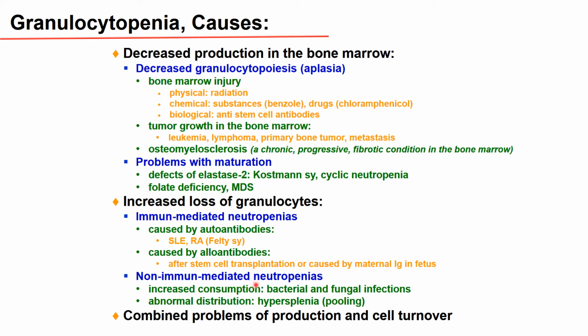Or non-immune-mediated neutropenias, usually when we do have a bacterial or fungal infection and the consumption is increasing, or abnormal distribution if somebody has, for example, hypersplenism, that can happen in cirrhosis in the patient. And the combined problem, usually what I listed previously, these combinations can happen and the cell turnover can be altered as well.